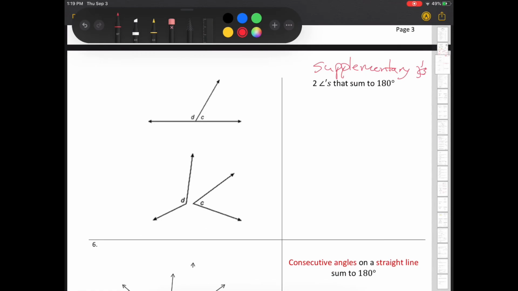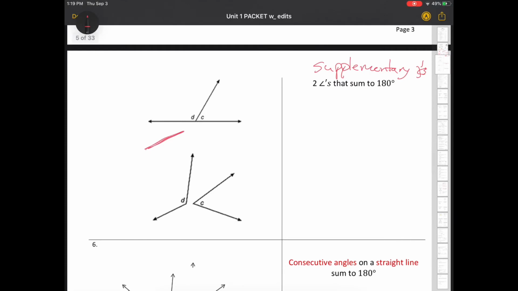So now we're going to take a look at supplementary angles. So instead of adding to 90 degrees like complementary angles do, supplementary angles sum together to 180 degrees. So what we have here is, again, like something I brought up before, two angles along a straight line. So something we talked about earlier, last lesson, was a straight angle.